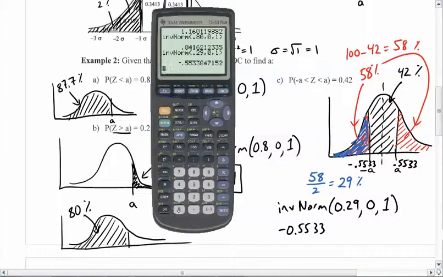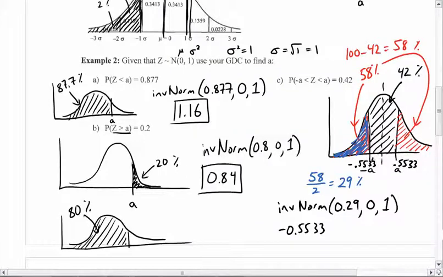So do second catalog, go down and choose your normal CDF again, and then we'll go from negative 0.5533 to positive 0.5533. I guess it should be actually 0.5534. And then you can see I've got 42% of the data. Okay, so you can always check your work with these questions.